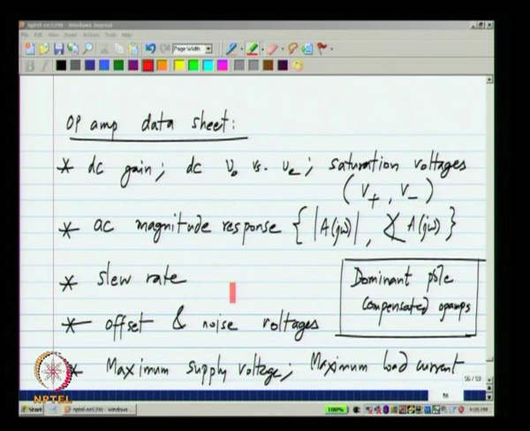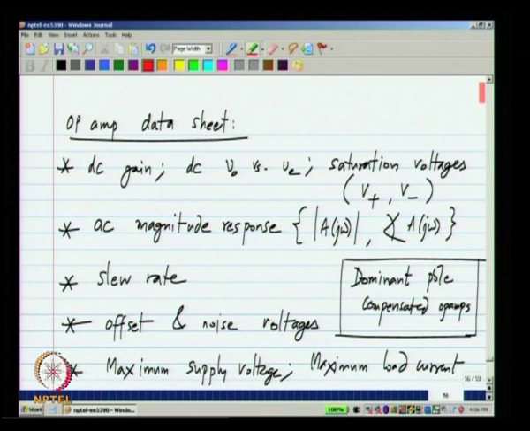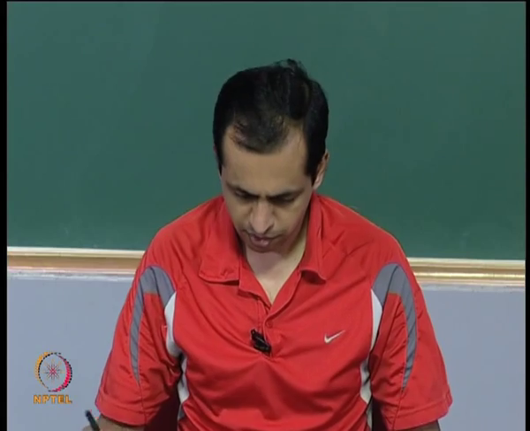You also have the slew rate, which relates to the maximum rate of change, and this comes about because internal to the op amp there will be some current limitation, which limits the rate of charging of the integrating capacitor or the compensation capacitor. And you have offset and noise voltages in the circuit, which lead to some error in calculating the difference between the desired and the actual values, and consequently give you an error in the output of the feedback circuit.